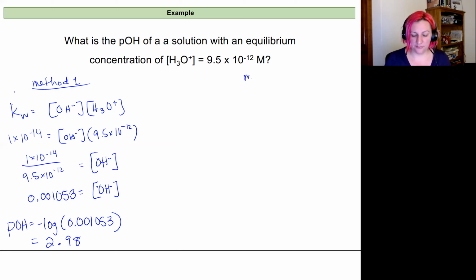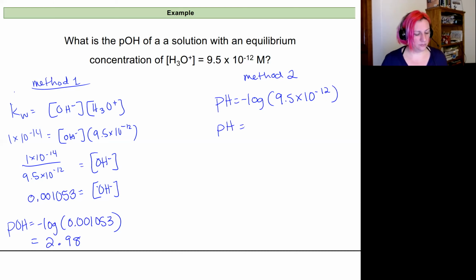So let's look at another way. I have this hydronium ion concentration, so I'm just going to take the pH. The pH of this is going to be equal to the negative log of that concentration of 9.5 times 10 to the negative 12th. So that pH will be equal to 11.02.